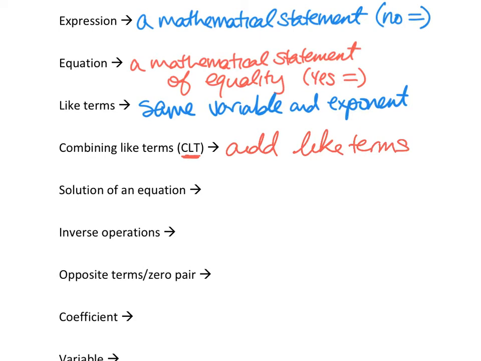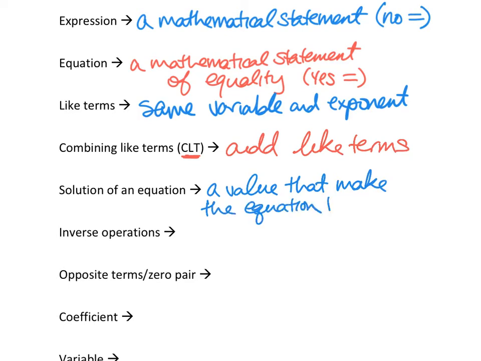So we were looking to see if our solution is a value that makes that equation true. And we got excited when we had a true mathematical statement at the end. We put a little check mark next to it because we found a value that made that equation true. That was our solution. You might have just called this the answer last year. That's fine, but this year you're going to call it a solution.